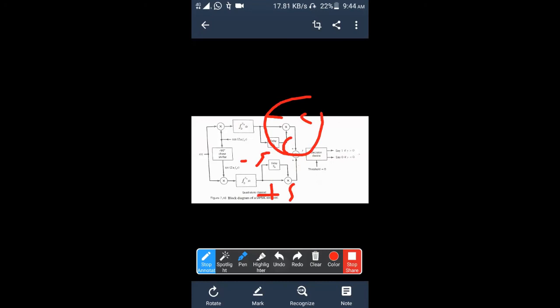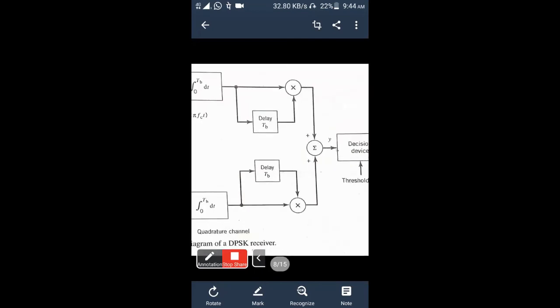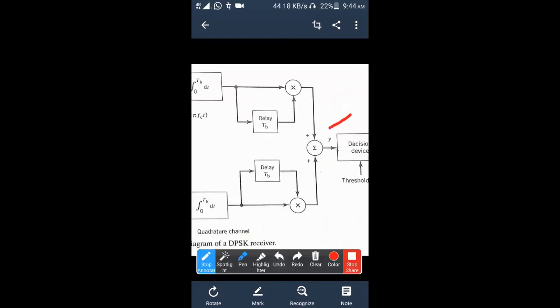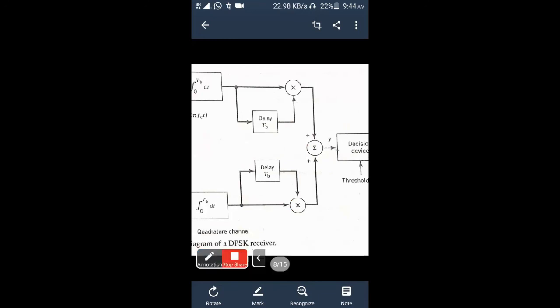Multiply this one, plus into minus, minus sin square theta. Correct? So when you add it here, minus cos square theta minus sin square theta, taking minus as a common factor, cos square plus sin square is 1. So we're going to get minus 1. That means this y will be positive for the bit 1, and negative for the bit 0.